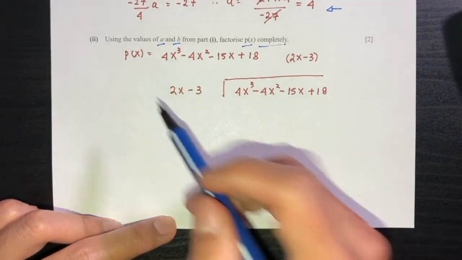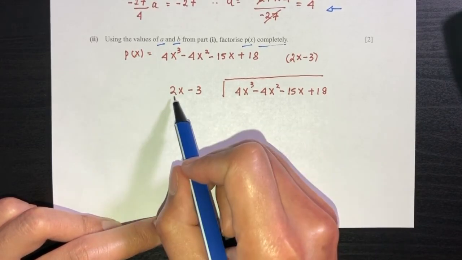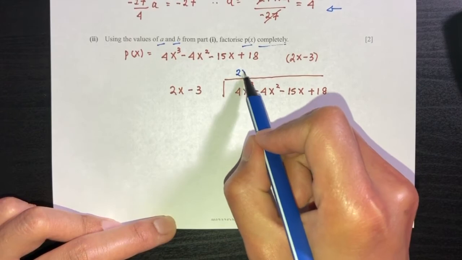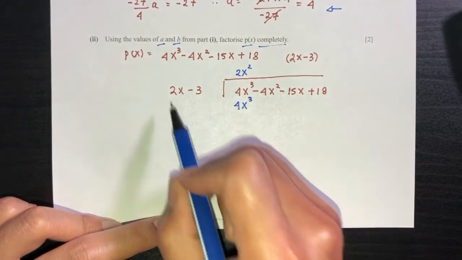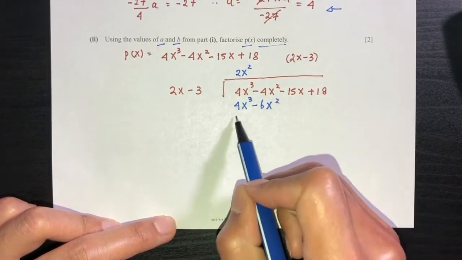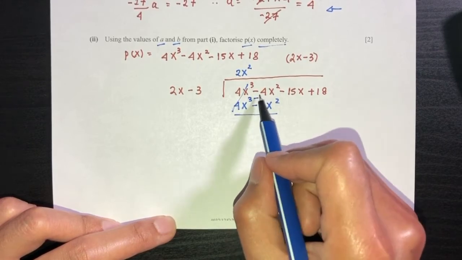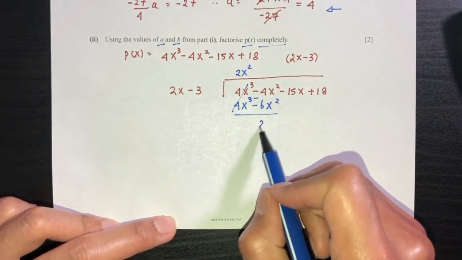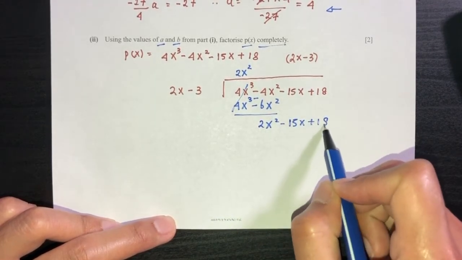So first question, how can you make 2x become 4x cubed? You have to multiply by 2x squared. So you will have 4x cubed minus 6x squared. These two will go away. So minus 4 plus 6 will be 2x squared minus 15x plus 18.